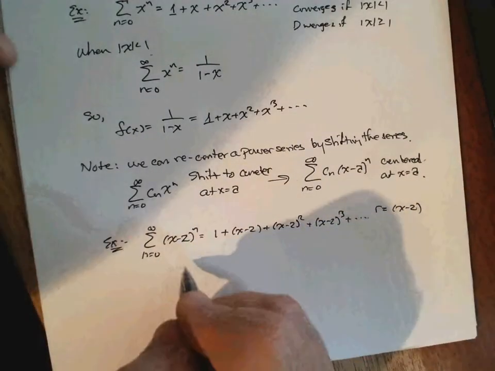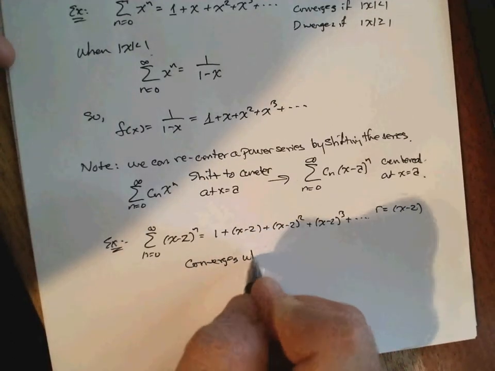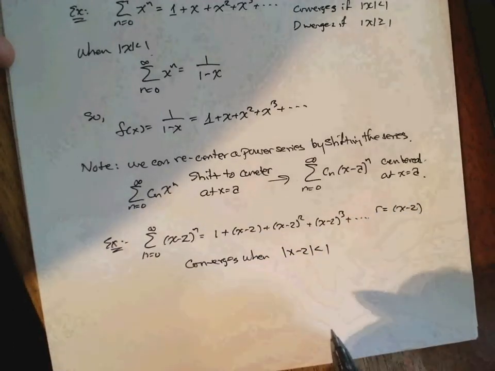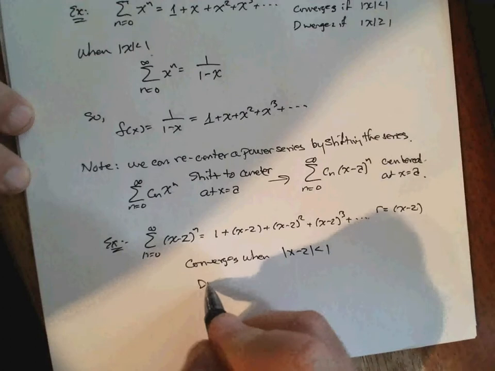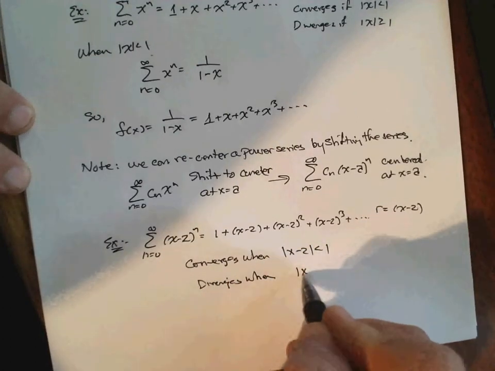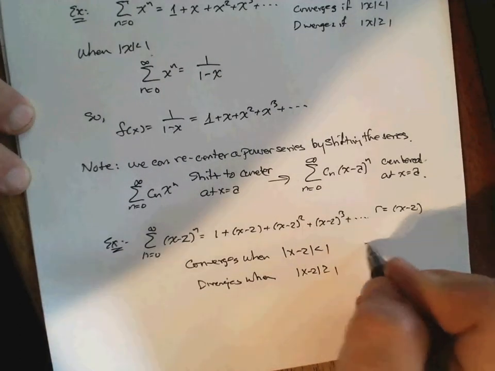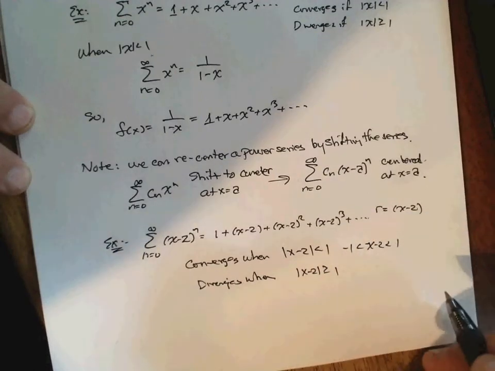So in order for this to converge, x minus 2 has to be less than 1 in absolute value. Which means, and of course it diverges, when the absolute value of x minus 2 is bigger than or equal to 1. Now this means that x minus 2 is trapped between 1 and negative 1.